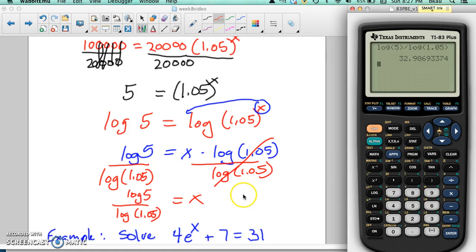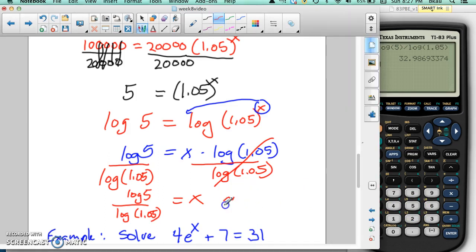So x is going to be about 33. If we round to 3 decimal places, it's going to be 32.997. It's really close to 33 though.